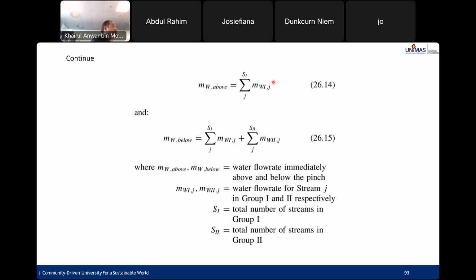So remember, group 1 is above the pinch, group 2 is on the pinch line, similar to the pinch. S1 is the total number of streams in group 1, and S2 is the total number of streams in group 2. So any stream with concentration above the pinch will be considered as group 1.